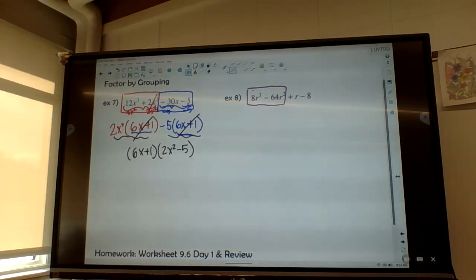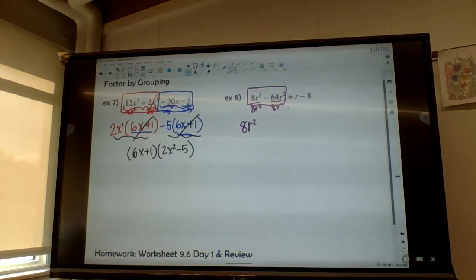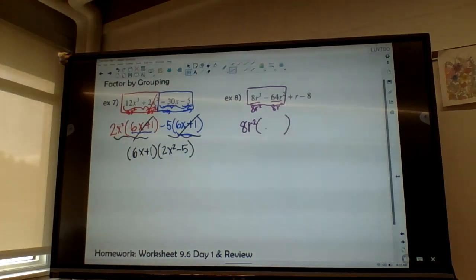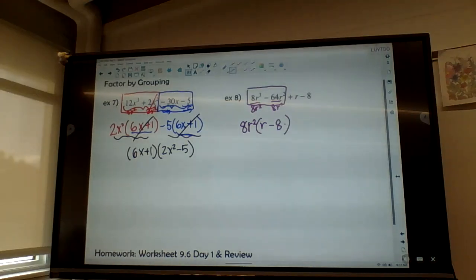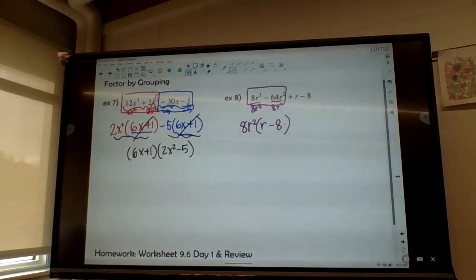All right, out of this first half, we can take out an 8r squared, and we're going to be left with r, and then minus 8. Now, if you look at the second half, we already have an r minus 8, so when I don't know what else to take out, I can always just take out a positive 1.